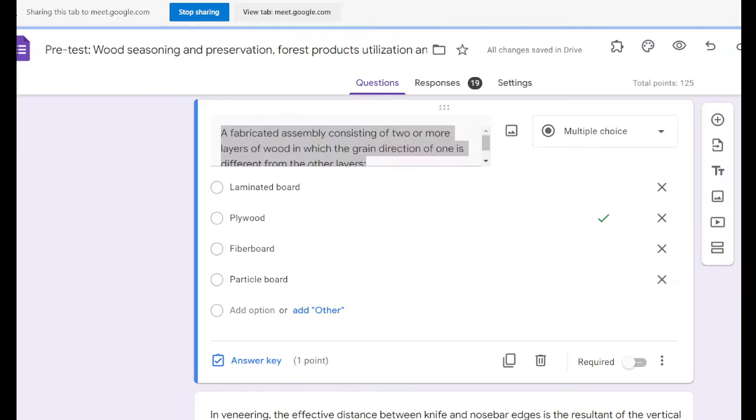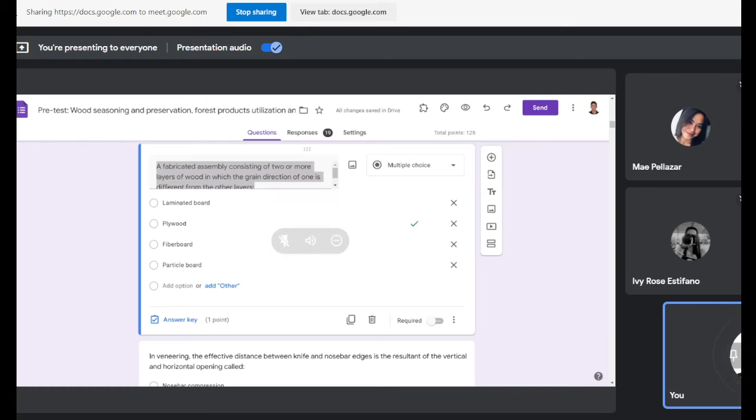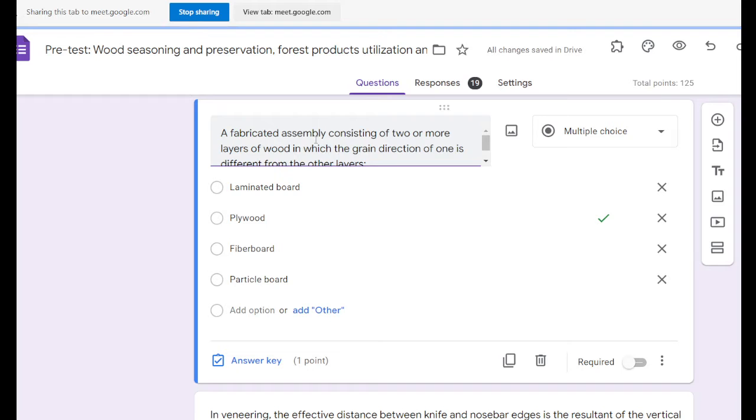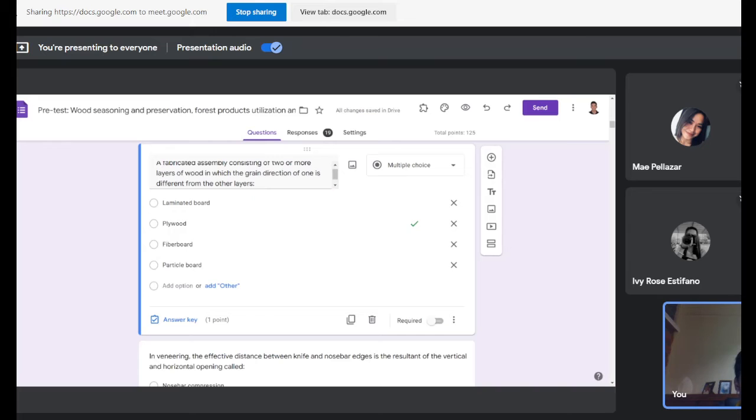When you say a layer one over the other, a fabricated assembly consisting of 2 or more layers in which the grain direction of one is different from the other. If this is your first layer, if this is the direction of your grain, then the other layer is on that perpendicular. Okay? Perpendicular. So, ina na ang plywood.